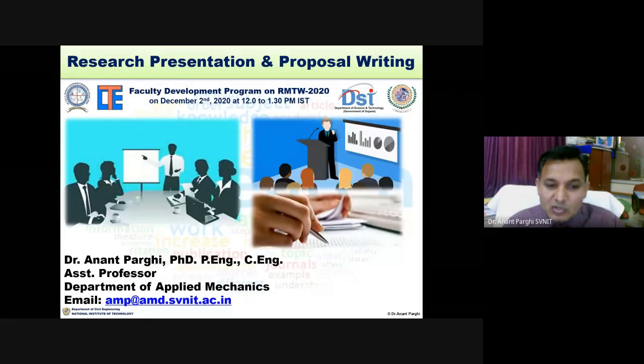There should not be any wastage or misuse also. So the main thing is engineering ethics is very important, and honesty is very important. So for research proposal writing also, we need to keep everything in mind.